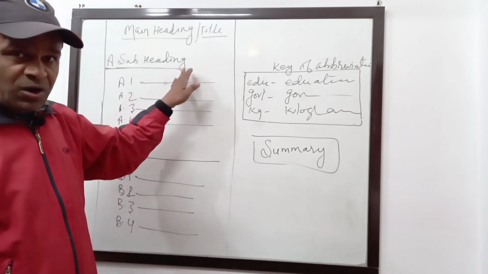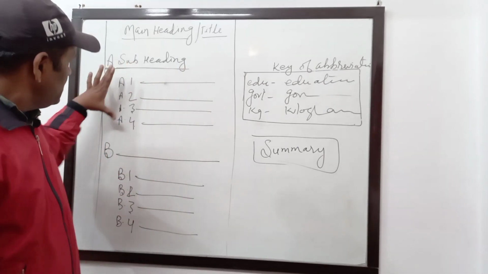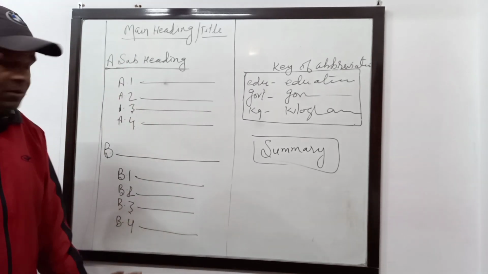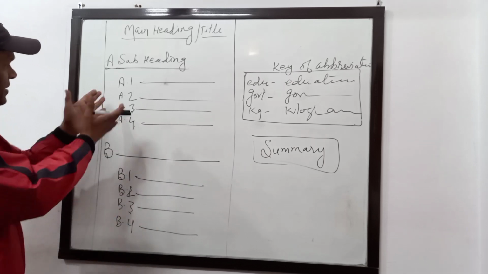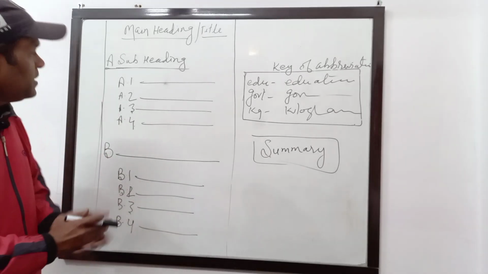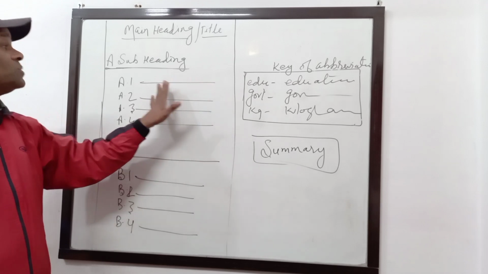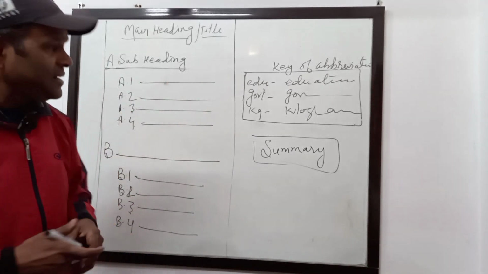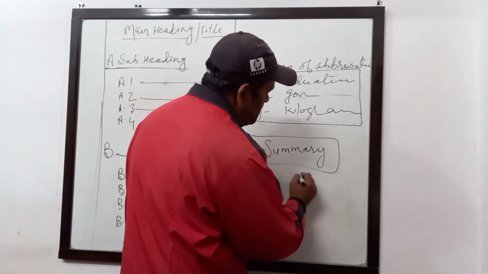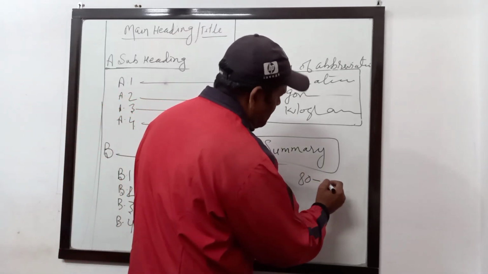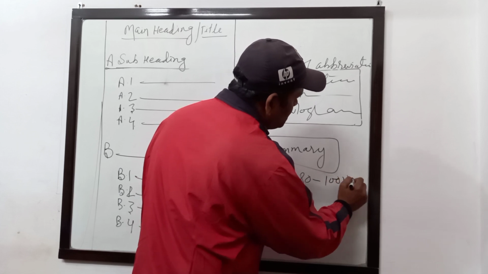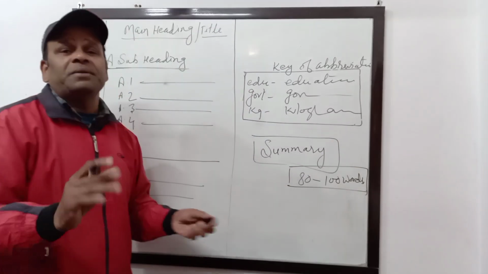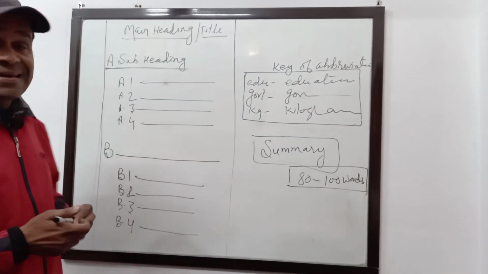Whatever minor points, the words or the phrases that you have given here, for A, for B, for C, for D, 3 or 4 subheadings you have chosen, and then 4 or 5 minor points are there. So you start elaborating those minor points into sentences and make your own sentences. And remember, the summary should have 80 to 100 words, not more than that. Got it? Once you have completed your summary, the note making is done.